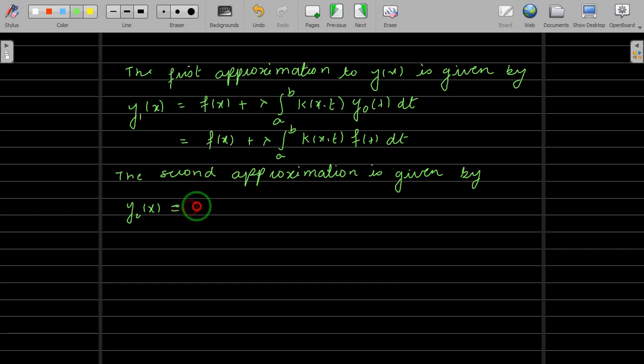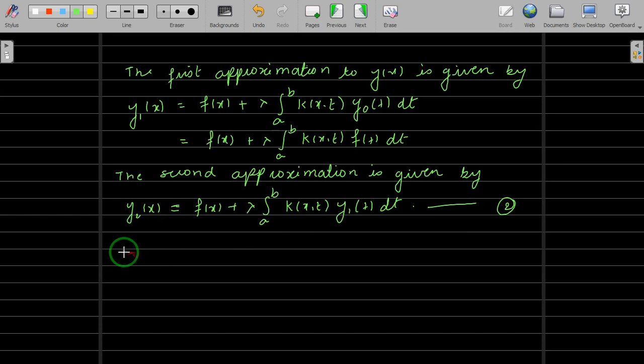So it is the same as f of x plus lambda integral a to b k(x,t) y1(t) dt. Consider this as equation number 2. Right?